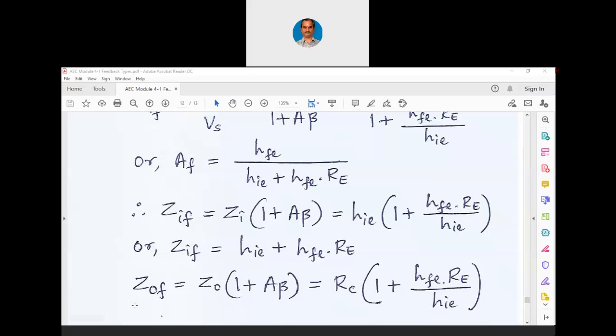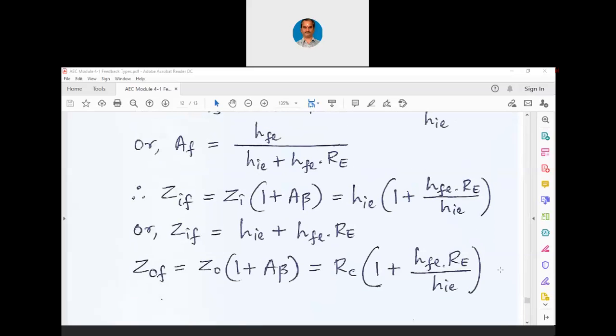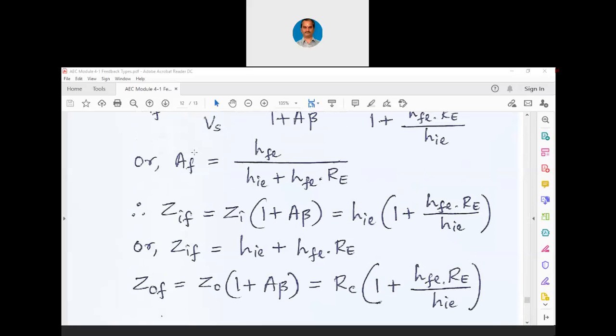Now ZOF, output impedance with feedback, is ZO into 1 plus A beta. ZO is nothing but RC. Let us substitute for 1 plus A beta, that is 1 plus HFE into RE divided by HIE. So this way we have found out the expressions for the closed loop gain and the input impedance as well as the output impedance with feedback.